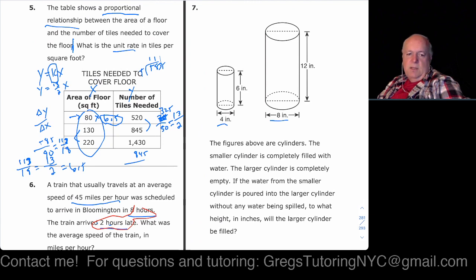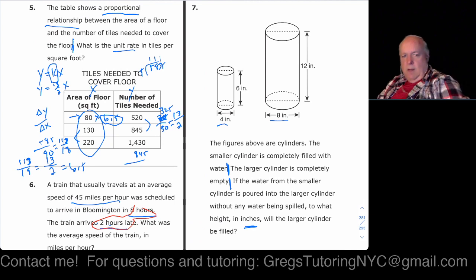The smallest cylinder is completely filled with water, so most likely we're going to have to figure out the volume here. The larger cylinder is completely empty. If the water from the smaller cylinder is poured into the larger cylinder without any water being spilled, to what height in inches will the larger cylinder be filled?